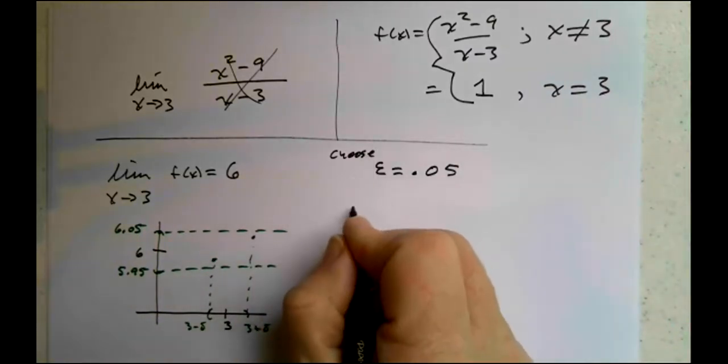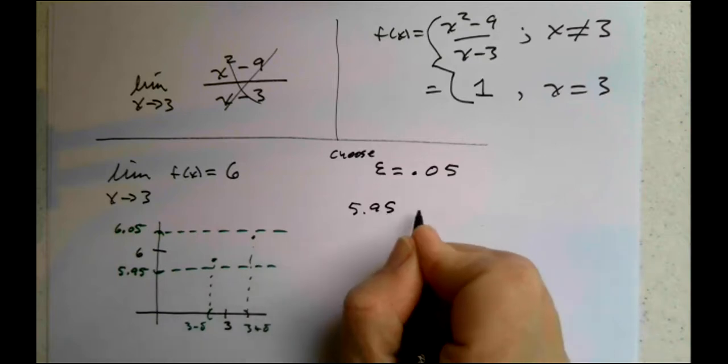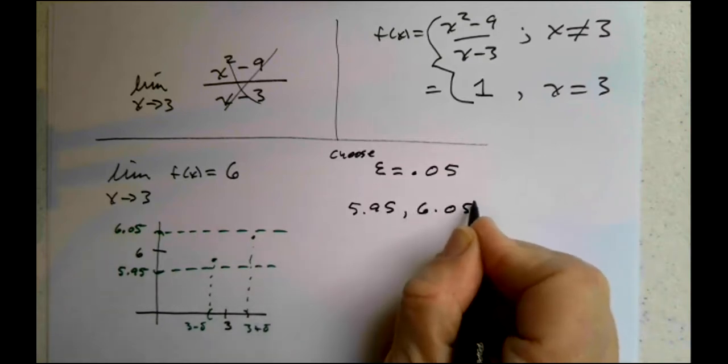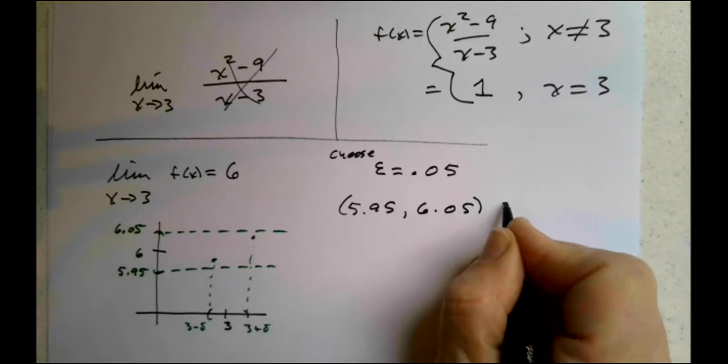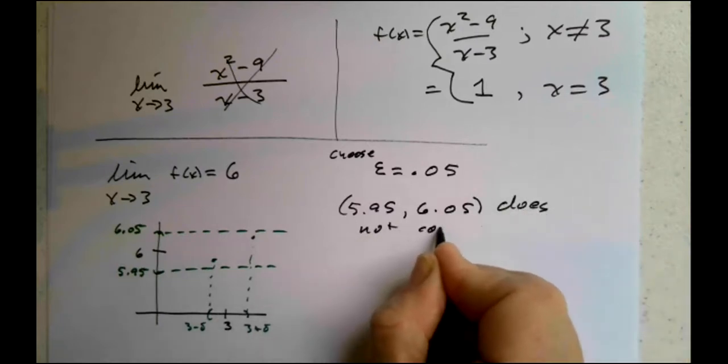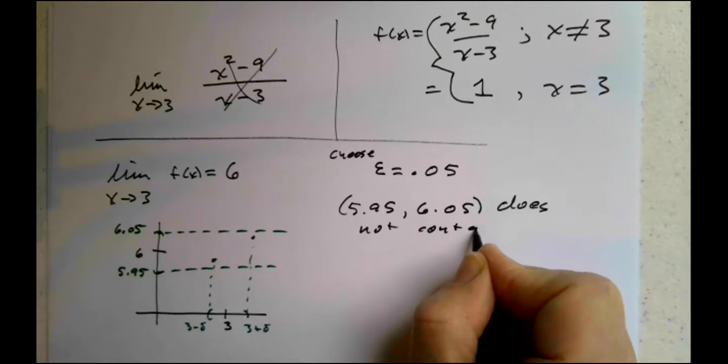So 5.95 to 6.05, this interval does not contain f of 3. But that's okay.